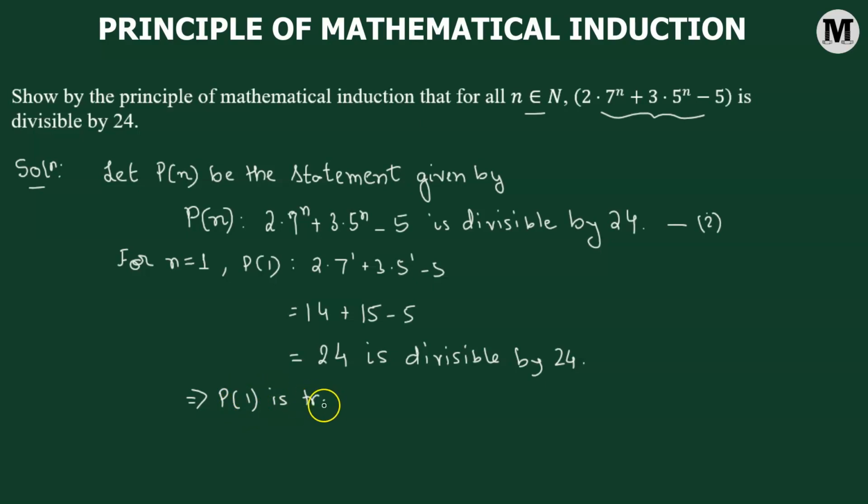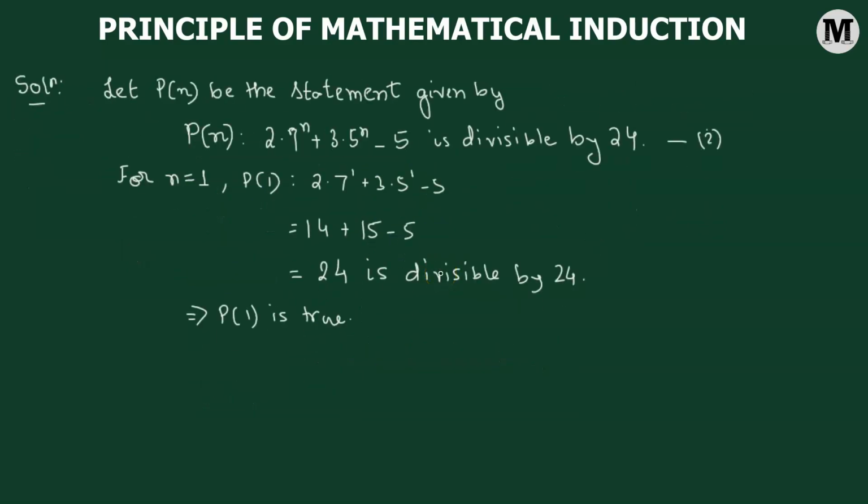That means the original statement P(n) is true when we choose the first natural number n equals 1. Now in order to prove that this is also true for other natural numbers as well, we are going to suppose that P(m) is also true. So P(m) is true as well. This simply tells us that we have to rewrite statement number 1 in terms of P(m).